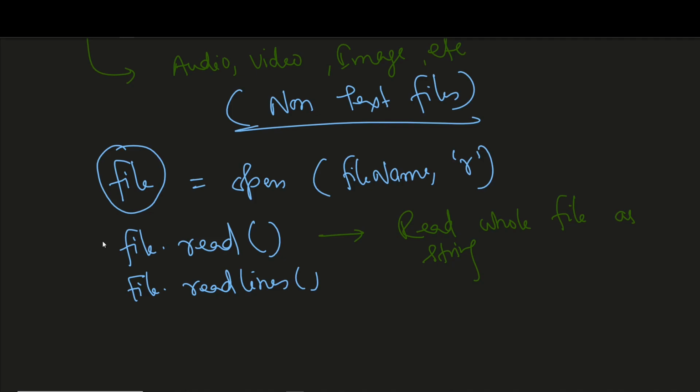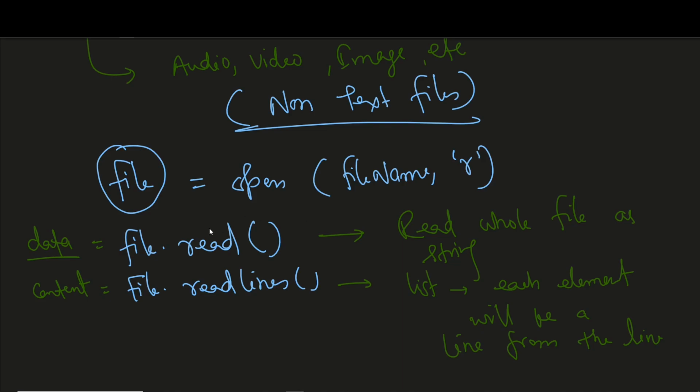So file.read will give some data which will be of string form, and the content that readlines will read will be a list, and each element will be a line from the file. Don't worry if you are having any problem in understanding this, because we'll soon implement all these things, right?